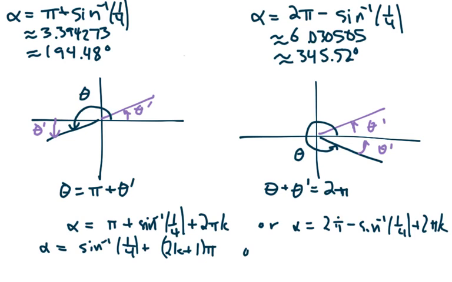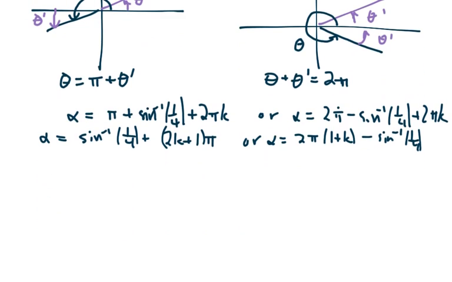And on this side, factoring out a 2 pi this time, you can factor a whole 2 pi out of the thing. 2 pi times (1 plus k) minus sine inverse of 1/4. And this is for any integer k.